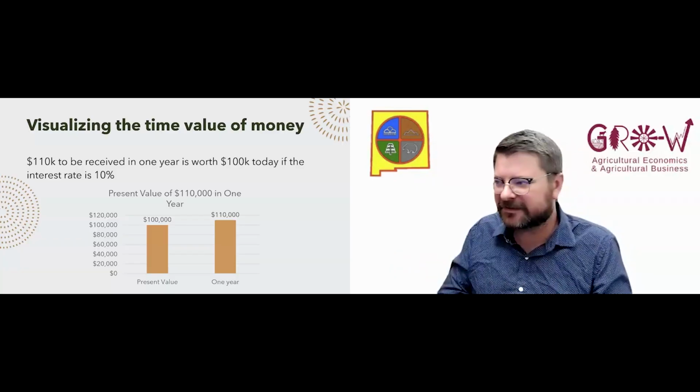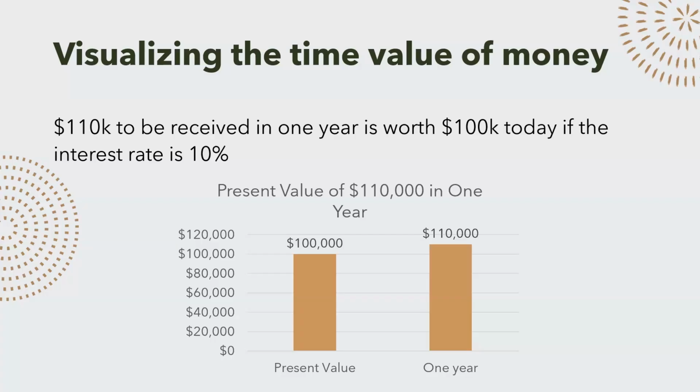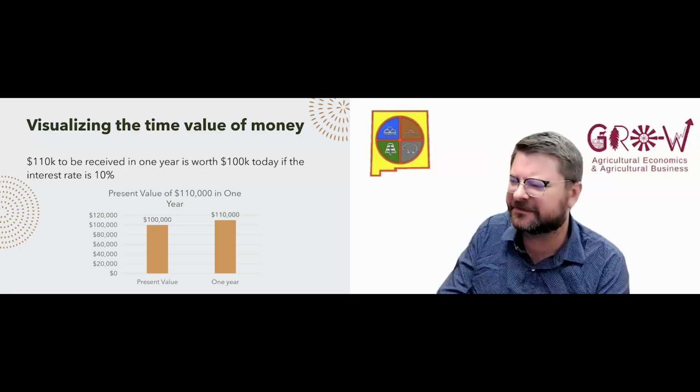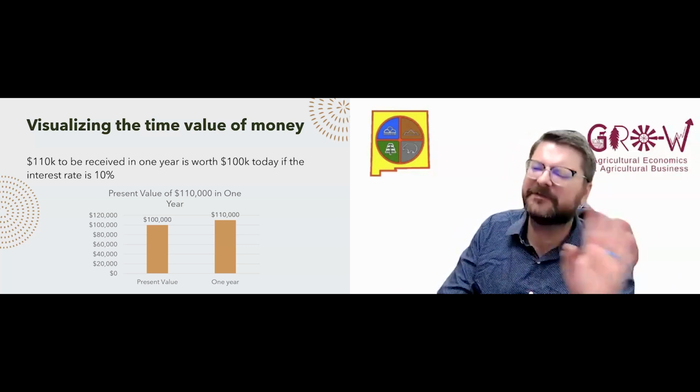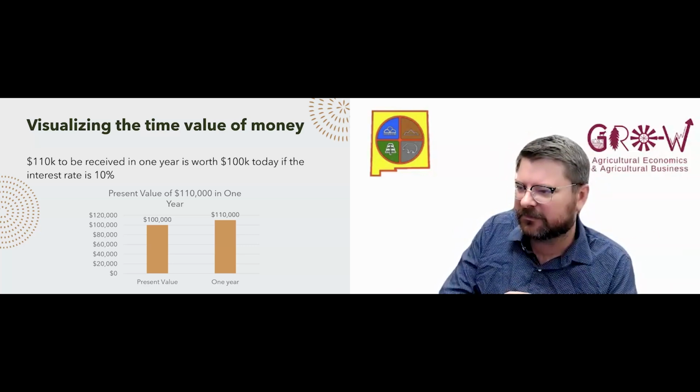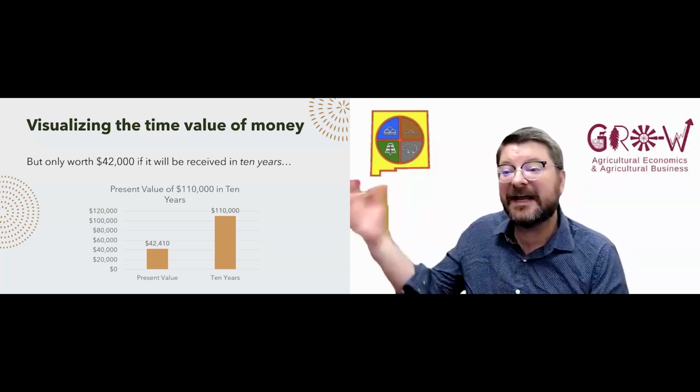Let's visualize the time value of money. So $110,000 to be received in 1 year. We've already shown that that's worth $100,000 to us if the interest rate is 10%. So we're going to stick with 10% because the math is easy, right? So we've demonstrated that one. But what if we move to 10 years?